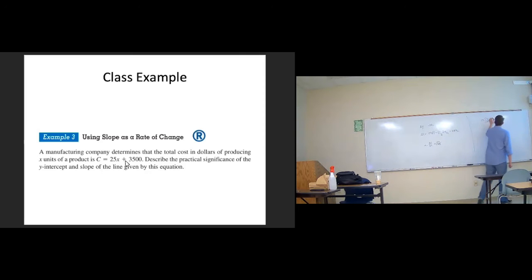So when we multiply it by X and add this other value, $3,500, this X is the number of products, right? So our slope here, 25, it's acting like a rate of change, describing how the cost changes with the number of units produced. And in that way, we can think of slope as a rate of change.